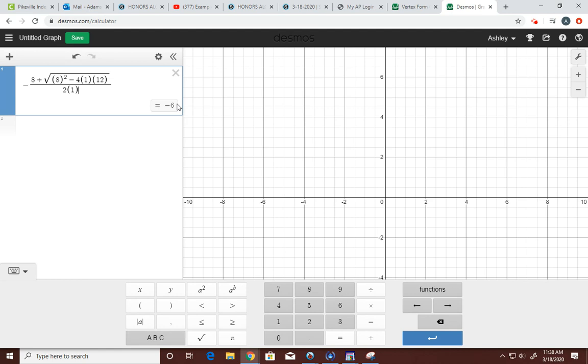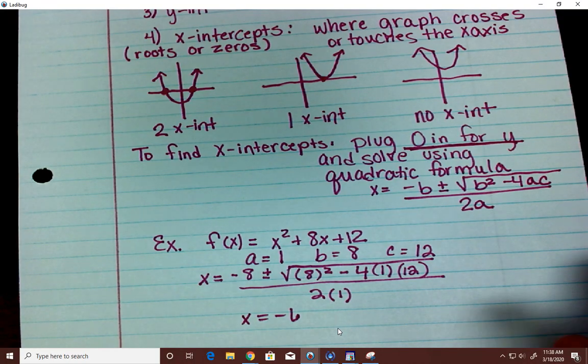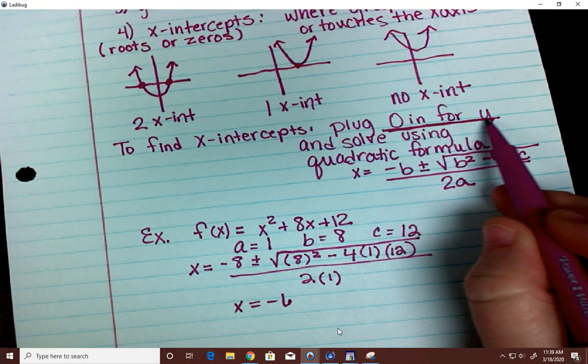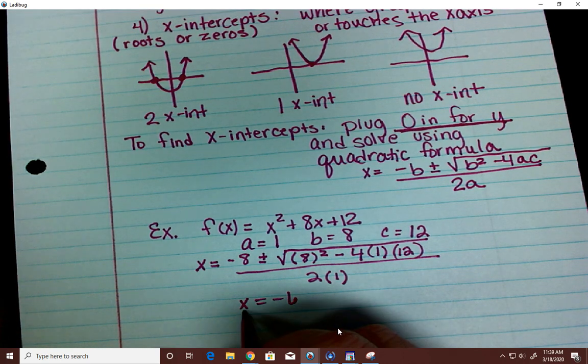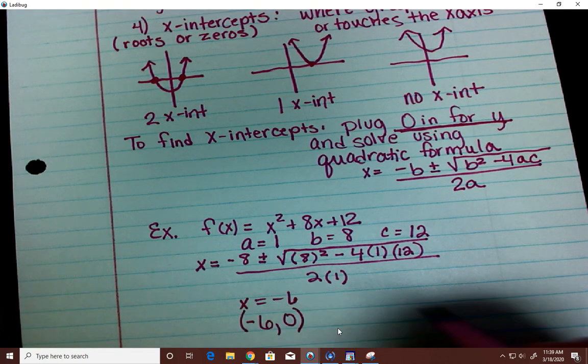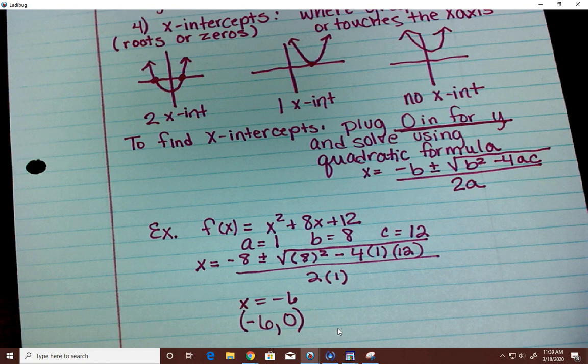So normally we write it like this, but these are points. And I didn't write it on there because it doesn't really affect it, but 0 is what your y value is. So when you write this as a point, you're going to write it as (-6, 0).